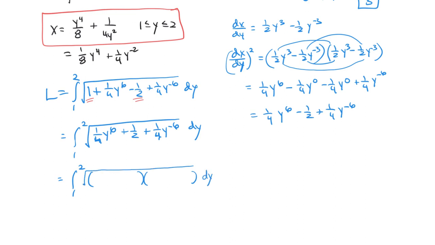Let's see. If you think of the FOIL method backward, what could I multiply by itself, first times first, to get 1/4 y to the 6? I don't know. Let's try 1/2 y cubed times 1/2 y cubed. And then last times last is going to have to be 1/4 y to the negative 6.